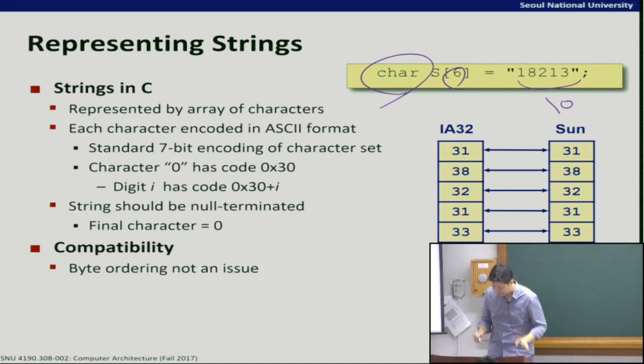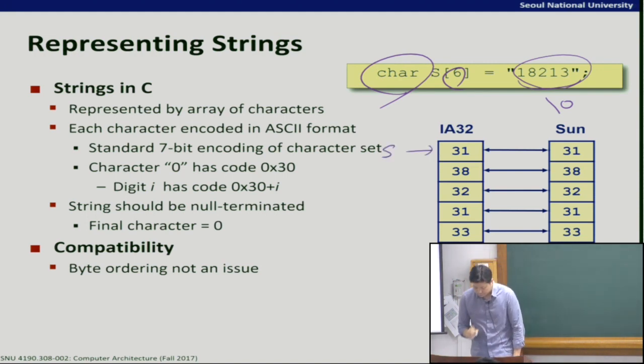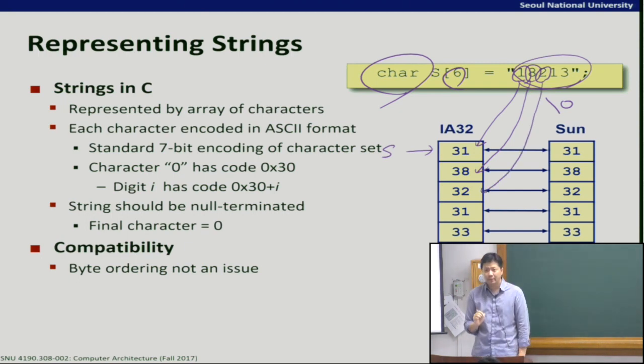So if you store this in a string, let's say this one is the starting address of S, the base address, then this one is the ASCII code for 1, this one is the ASCII code for 8, this one will be the ASCII code for 2, and so on, right? And it's followed by the terminator, null terminated.